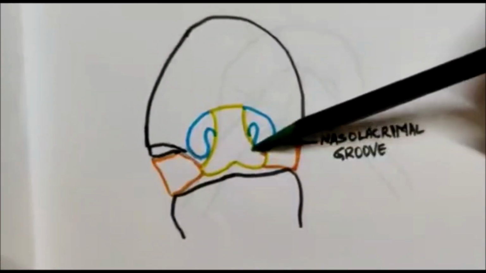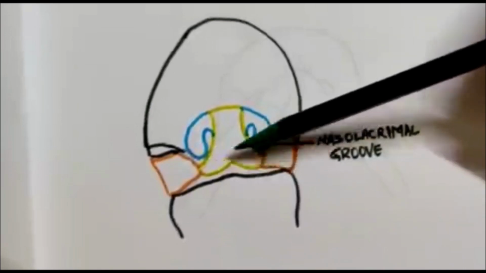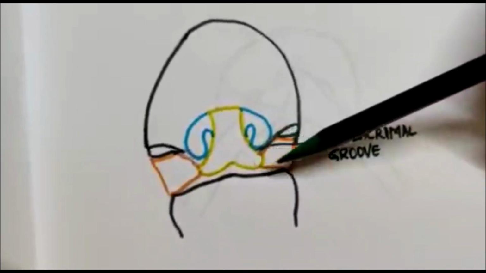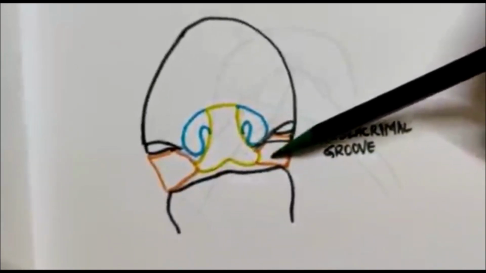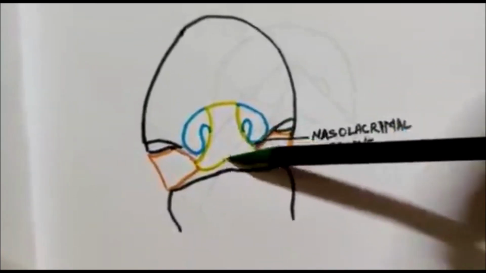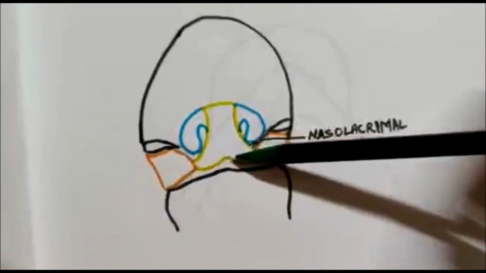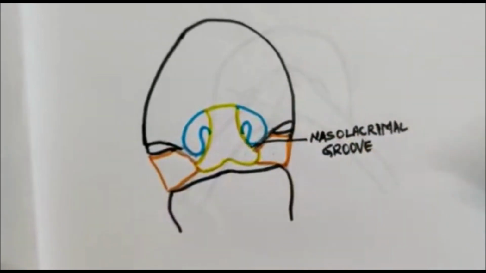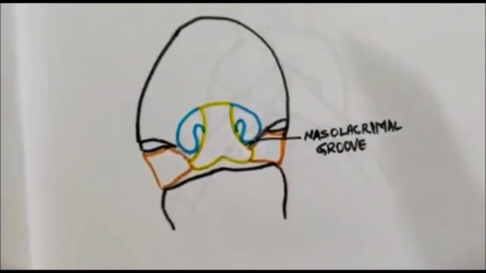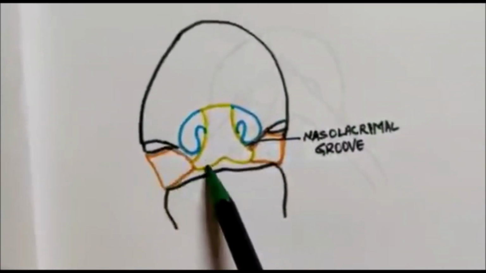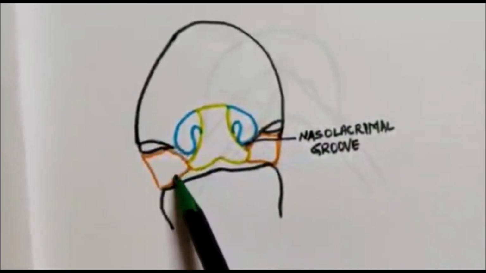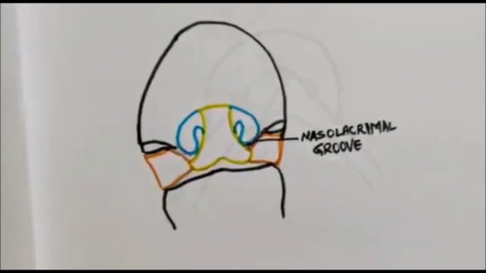Ultimately, the two medial nasal processes fuse with each other and with the maxillary process. When the two medial nasal processes fuse, they form the central portion or the philtrum of the lip, while fusion of the maxillary process with the medial nasal processes will form the lateral part of the upper lip.